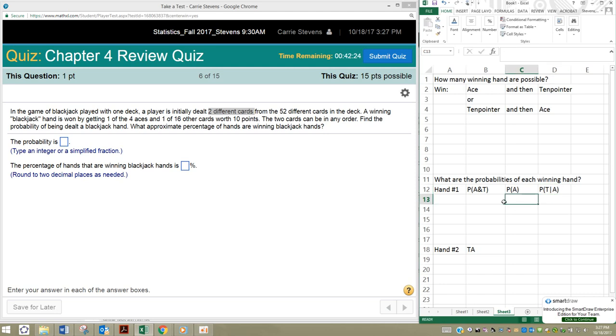That's where my multiplication rule comes in. The probability of drawing an ace on the first is 4 out of 52.